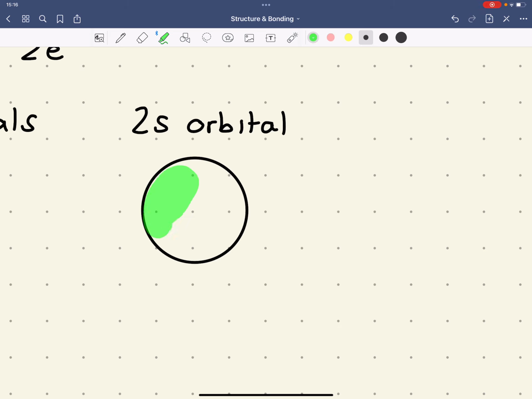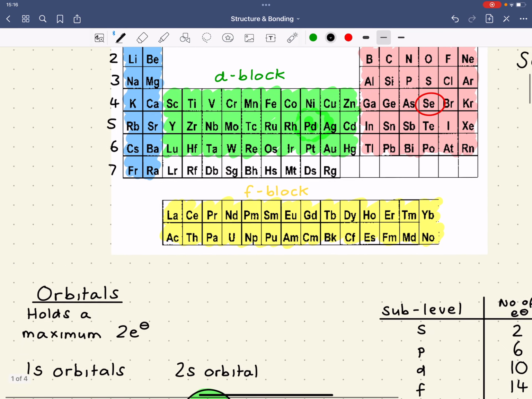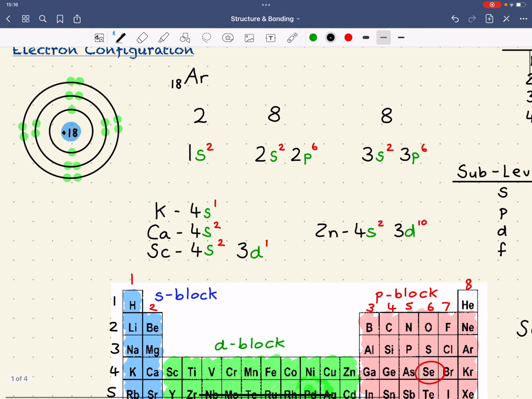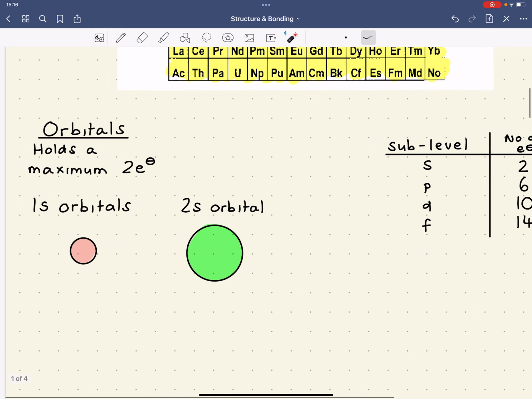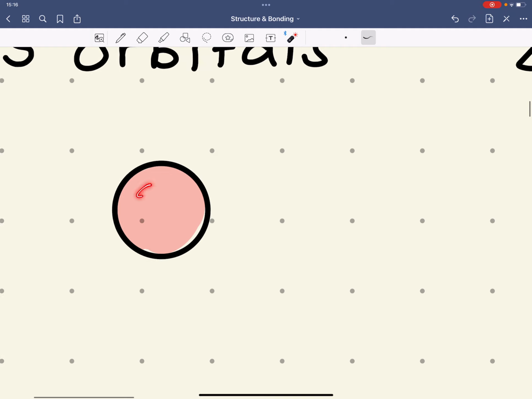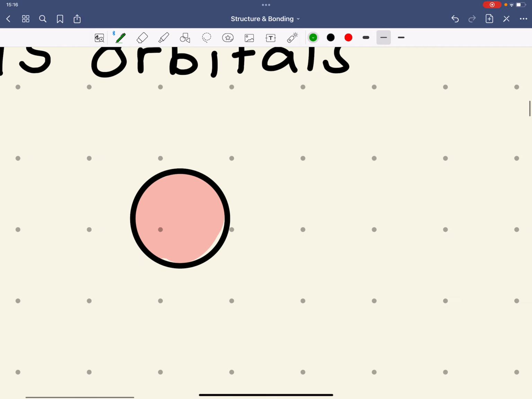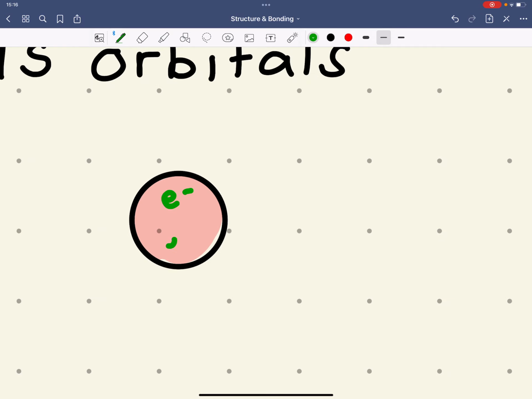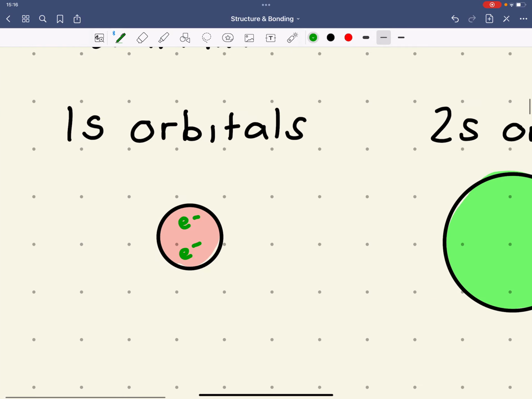So what we're basically saying is that the 2 electrons in that 1s orbital, in effect, it's like saying these 2 electrons here, they could be anywhere within this region of space. So in effect, you've got a little electron and a little electron. What they're doing, they're moving around really, really quickly. We don't know where they are.